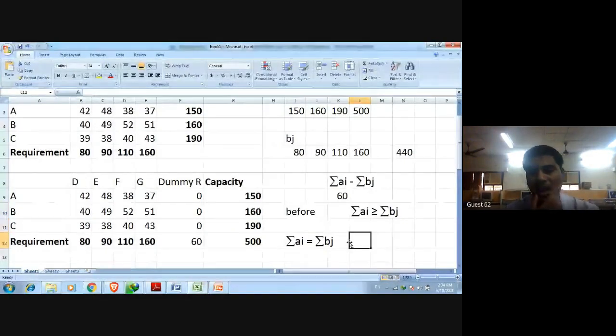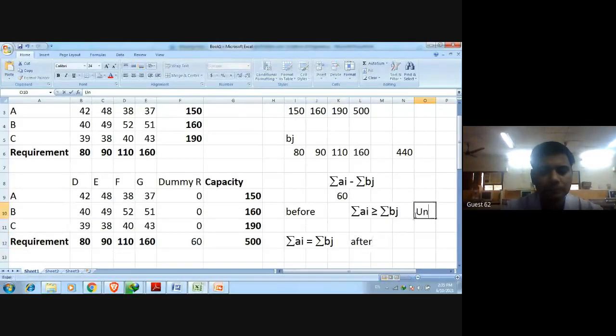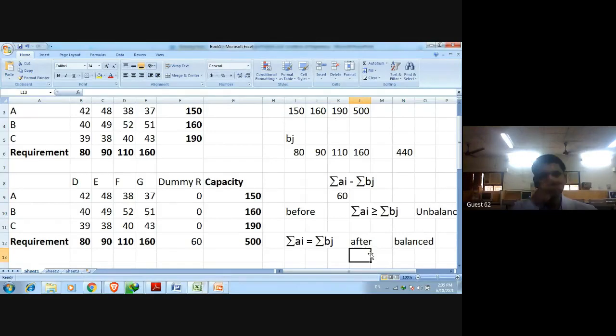Okay, so this is your unbalanced problem, and this is your balanced problem. So now you had the unbalanced problem, and you have converted it into a balanced problem.